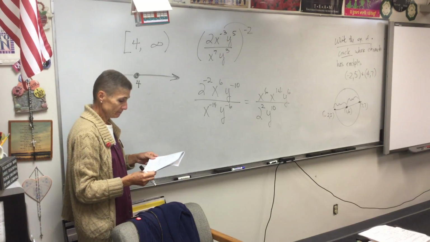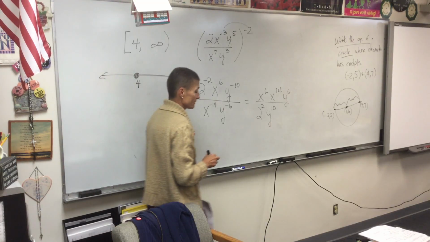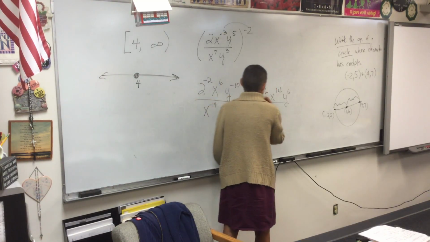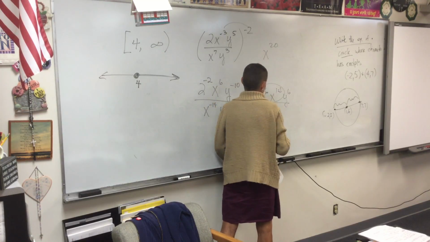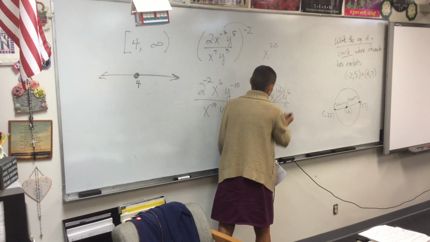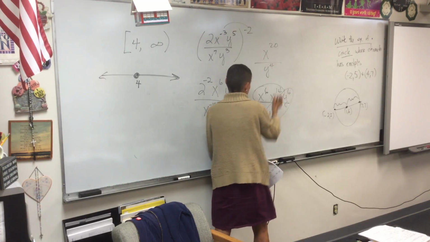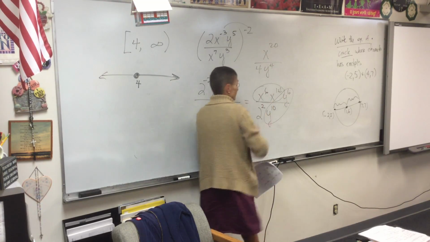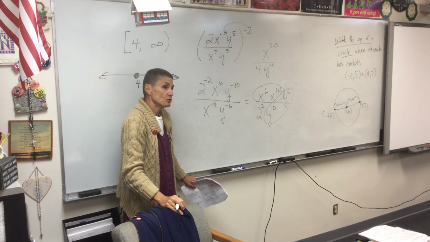Everybody okay with that? Now, Clara, we have to put some stuff together, don't we? What happens here? It's going to be x to the 20th. It sure is. And Hannah, what happens here? Y to the 4th is on the bottom. On the bottom. And also on the bottom, we have a 4. Any issues with that?